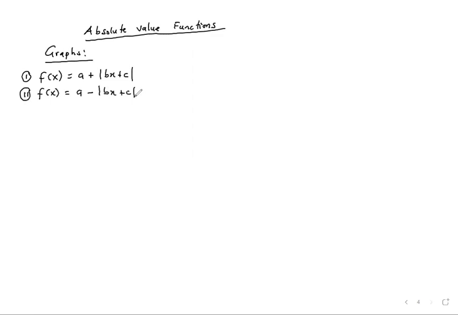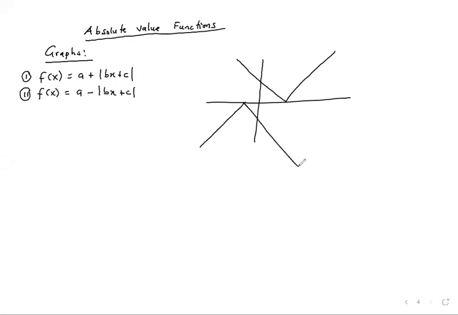We don't care what the b is, whether negative or positive, we only have two families. So the first family, the graphs face up. Second family, the graphs face down.